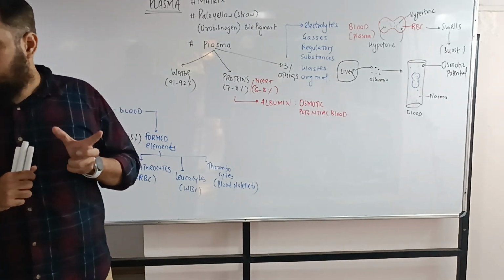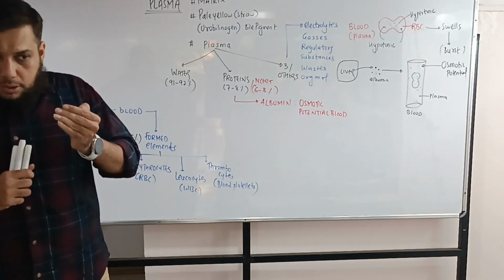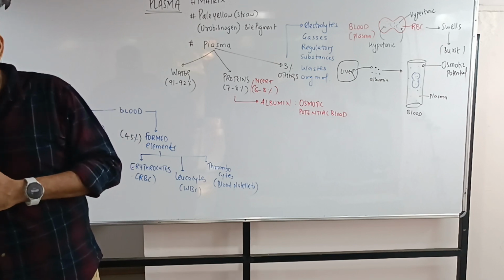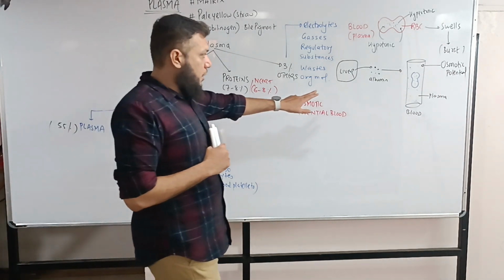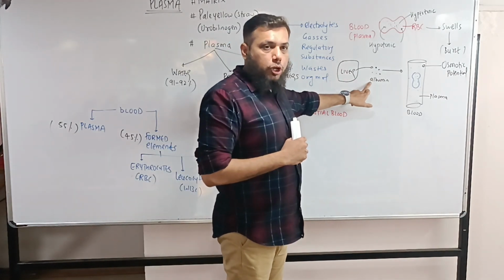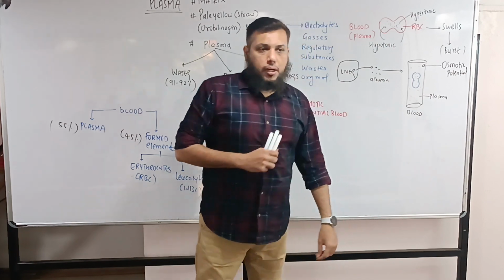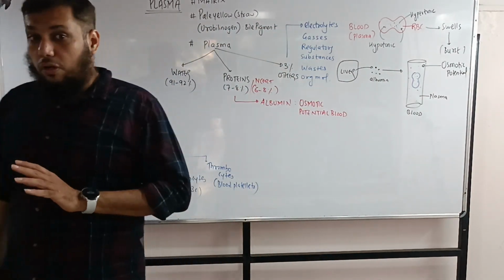So you want even the plasma to have some solute concentration, and that will be created by the production of a protein called albumin, and the albumin will increase the osmotic potential of your blood. So what's the function of albumin?